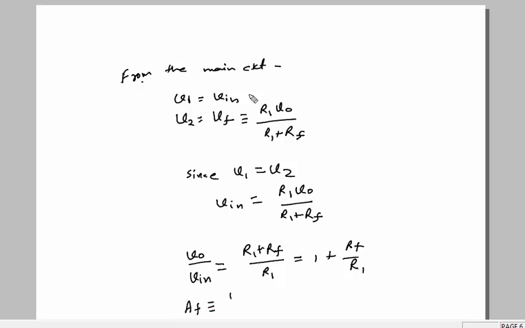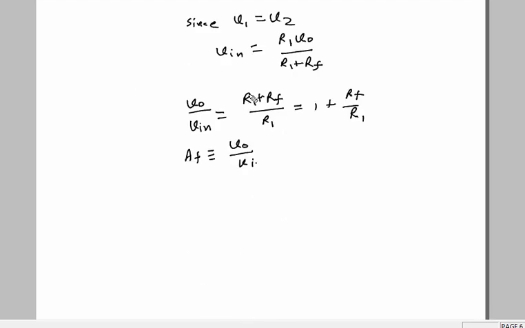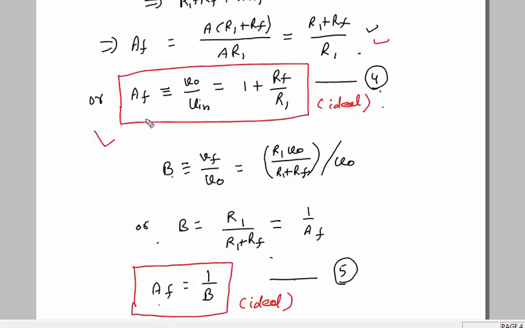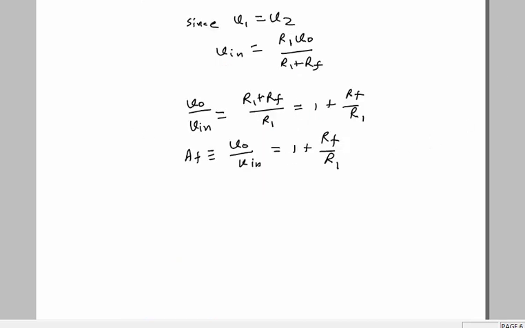So AF equals 1 plus Rf by R1, which is the same as equation number 4.